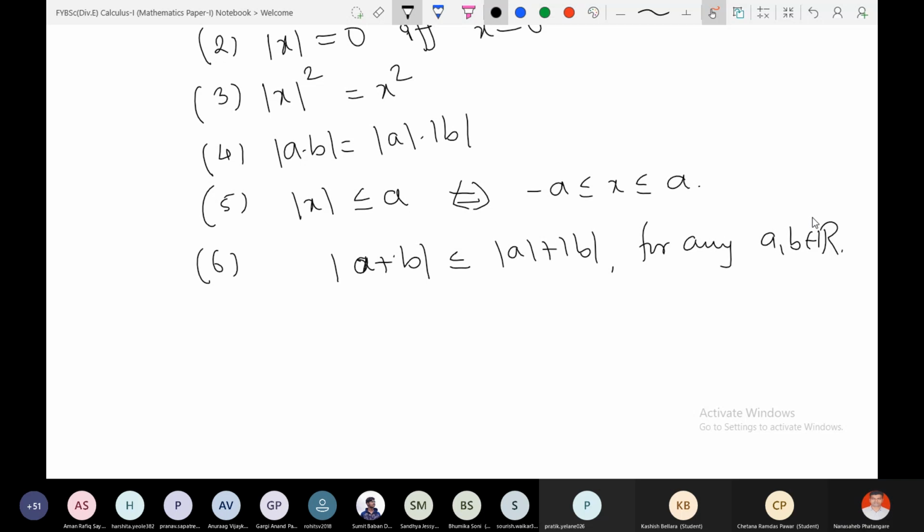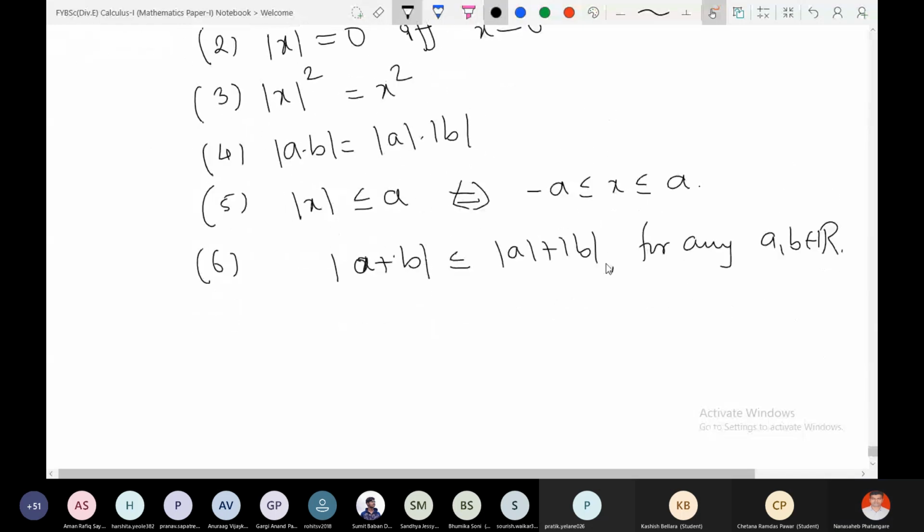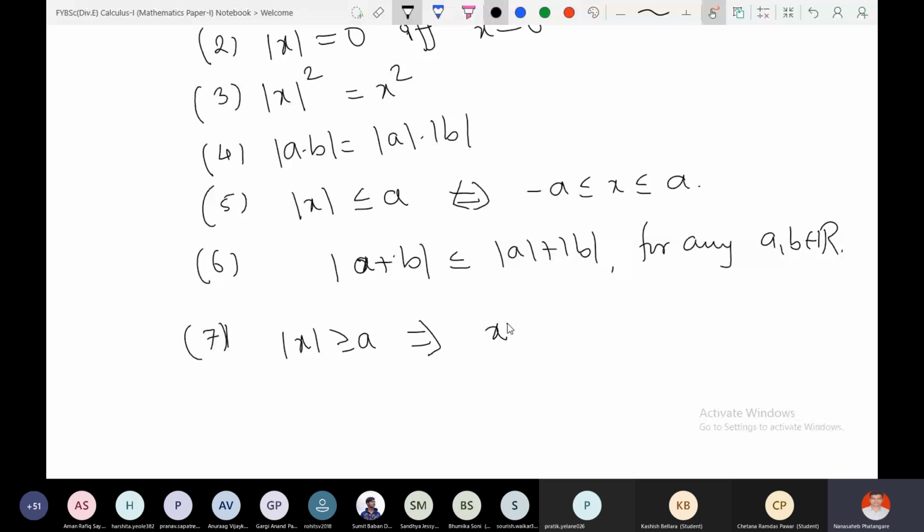So these are some of them. One more, I think I should note that also. The absolute value of x greater than or equal to a means x is greater than a if a is positive, and x is less than minus a if a is negative.